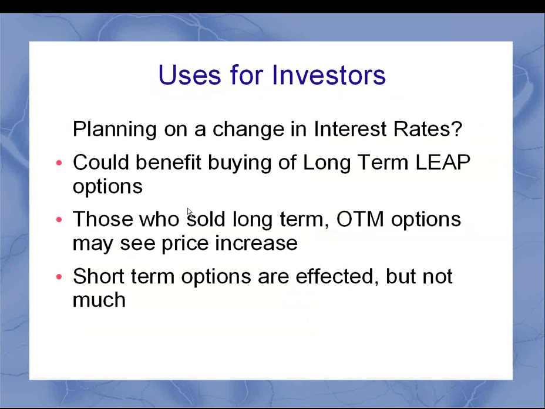It allows you to go maybe 15 to 20% out of the money and still get a reasonable premium. But if the interest rates do increase, those of you who sold those long-term out-of-the-money options may see the price increase. Even though the out-of-the-money options, as we saw, have that lower value, it's important to know that if the interest rates increase, that's how it affects your deep out-of-the-money long-term short puts.